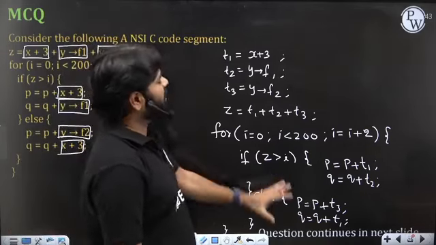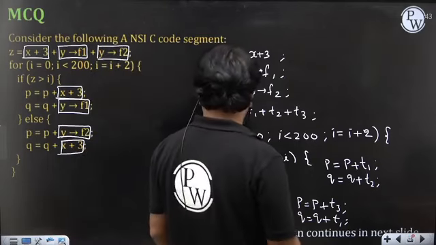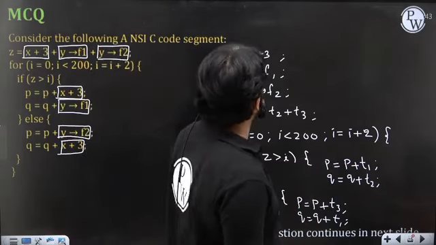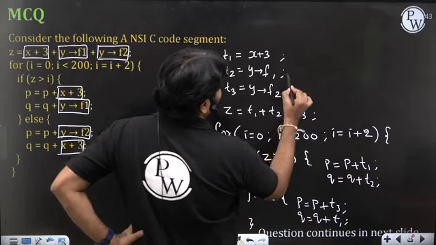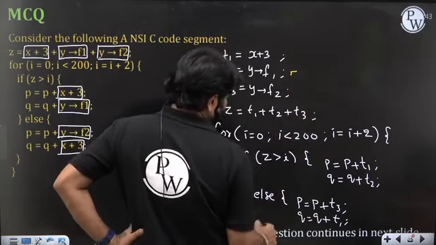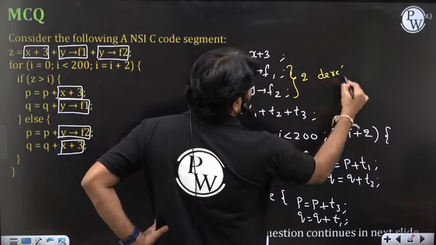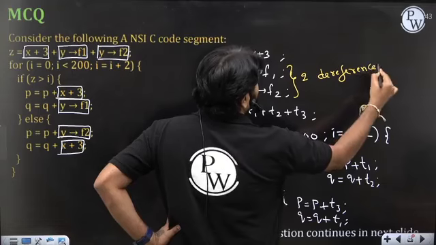And now you need to find out how many additions and how many dereferencing. So let's look into it. These are the 2 dereferencing, 2 dereferences.